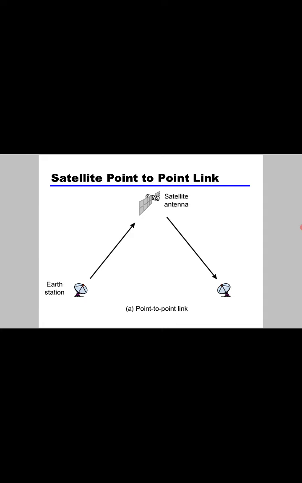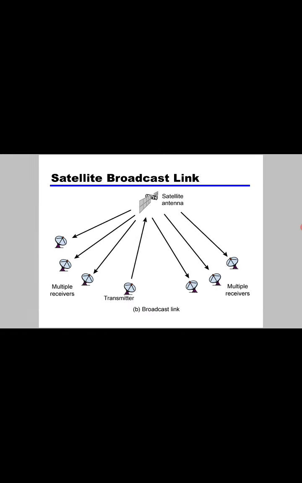Whenever we transmit data using a satellite, one station transmits the data to the satellite, and the same data is received by the other point. So it is called a point to point link.